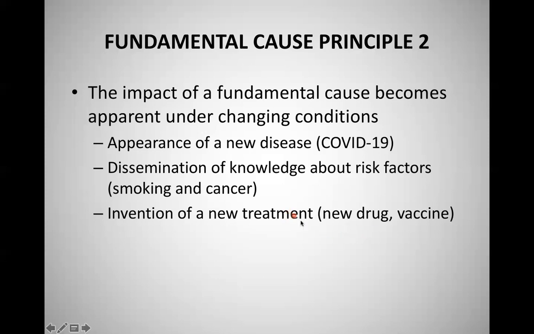These are all factors that contribute to changing conditions that people are experiencing. And these changing conditions, in fact, highlight the impact of the fundamental cause on the distribution of the risk that different people or different social groups in society experience.